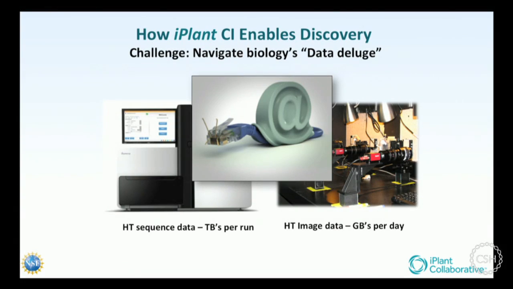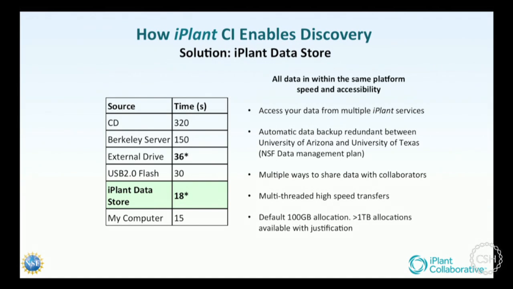So being able to provide resources for you was one of the first elements of the platform that we designed, and our efforts there resulted in the iPlant Data Store, which gives you all the data within the same platform, which is a bonus because you have speed and accessibility. As you see there, transferring data within the iPlant Data Store can be faster than working from your thumb drive. It allows you to access the data from multiple iPlant services, and it's automatically backed up.